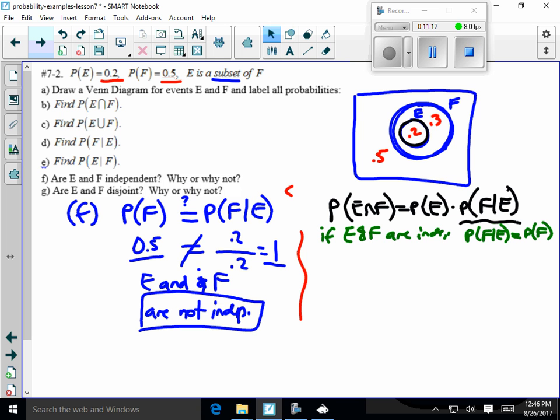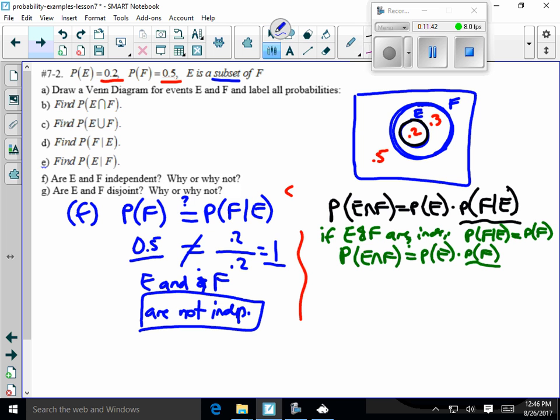So we end up getting a simpler version of the formula. We can say the probability of E and F is just equal to the probability of E times the probability of F, right? Without having to specify a conditional probability. And so some books call this formula the test for independence, because if that's true, it means that E and F had to have been independent. So if we wanted to do it that way, we could do it that way.